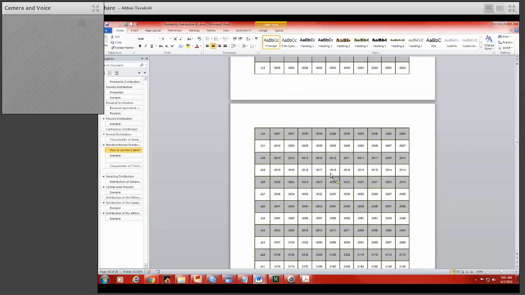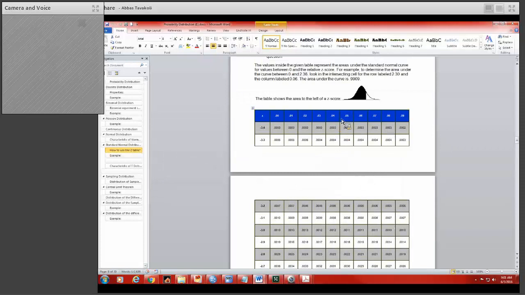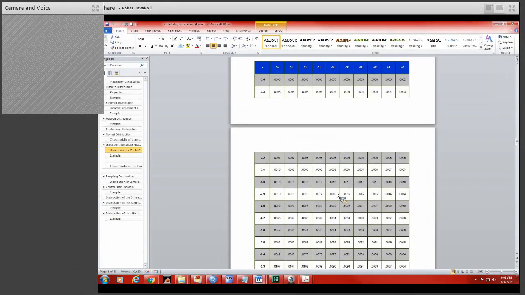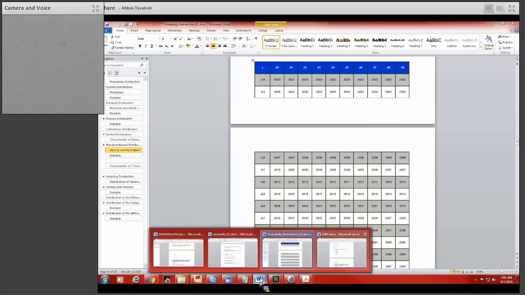Now, problem 8, I give you the area and ask you what is the z value. So basically, again, if I tell you what is the z value for the area 0.1492, this is the area. So the value would be negative 1.0, and you find the second digit 0.4.